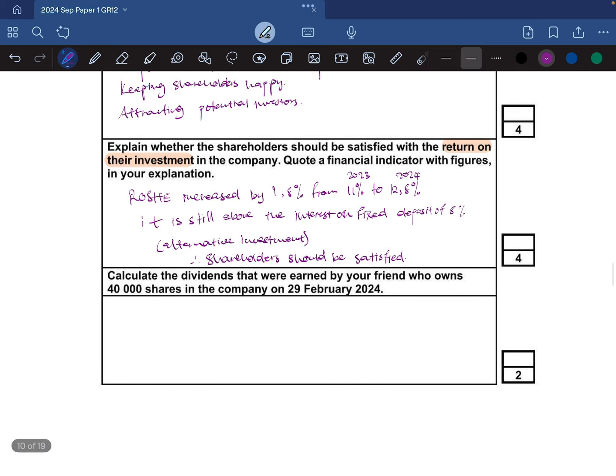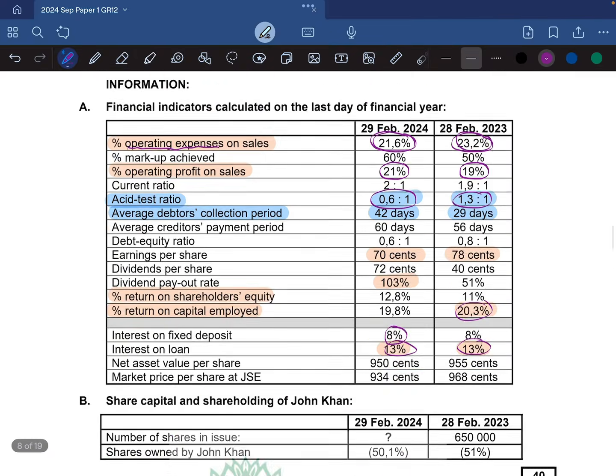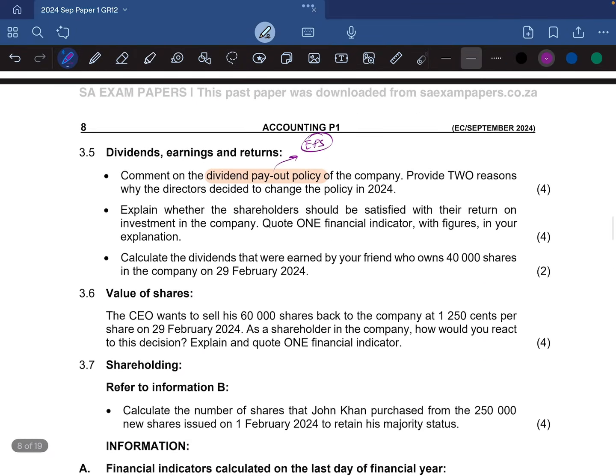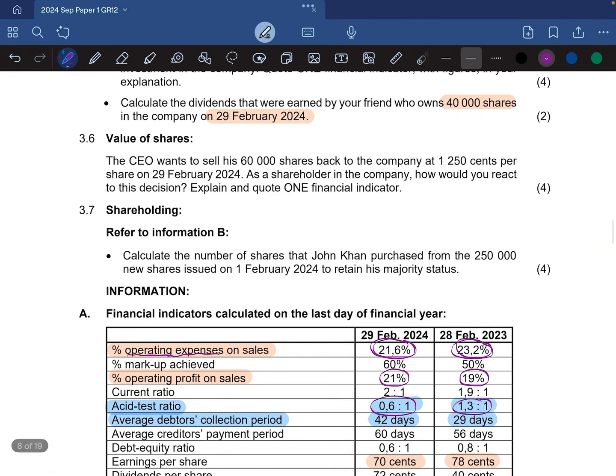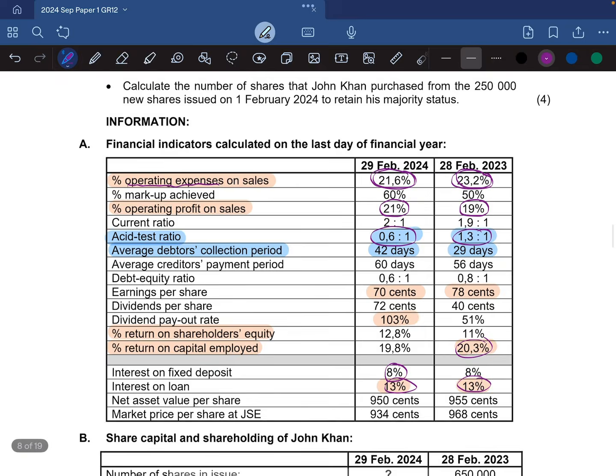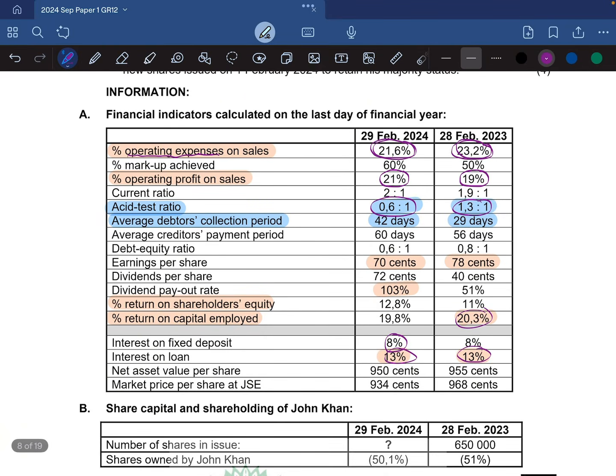Cool. And then we are needed to calculate the dividends that were earned by a friend who owns 40,000 shares in the company on 29 Feb 2024. Now let's look at the information. So this person owns 40,000 shares, and we need to determine the dividends that were earned.